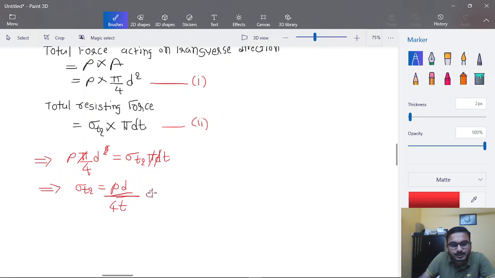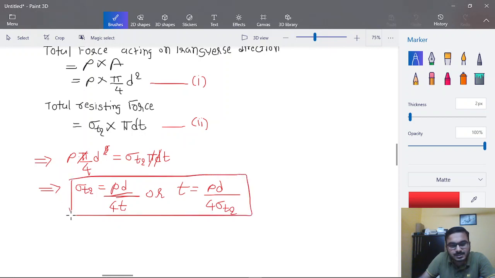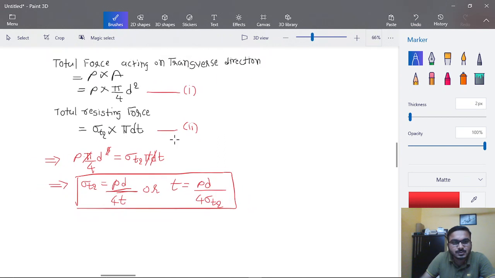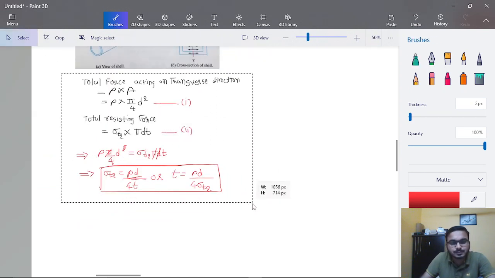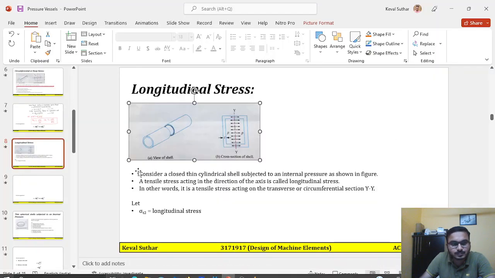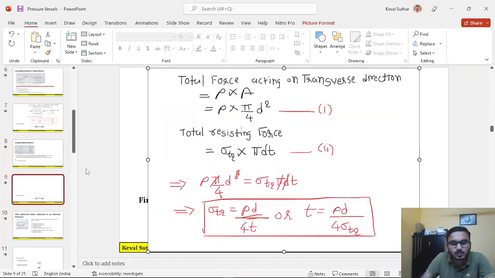And if we need to get the thickness value, then t is equal to Pd divided by 4 sigma T2. So that's it. Now let me copy this portion over here.